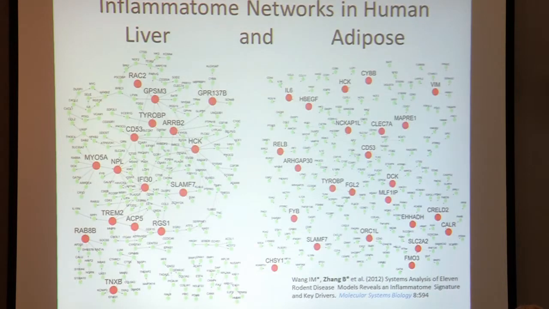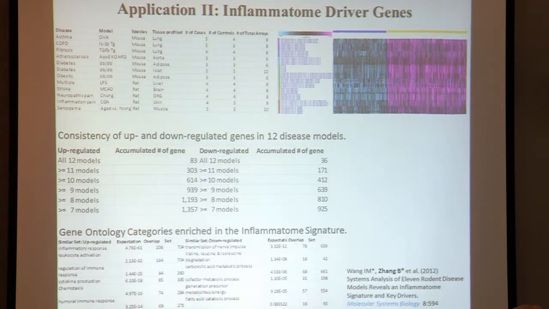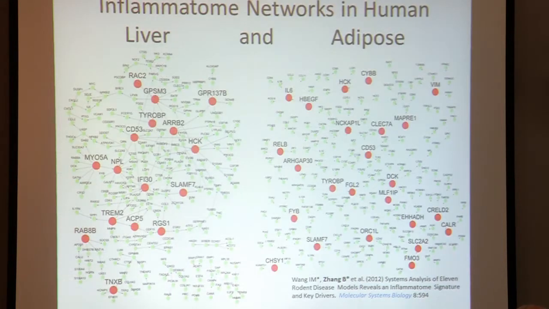The inflammatory signature was derived based on the 12 mouse models here, and the 2 examples shown here are human, liver and adipose, from multiple large-scale studies and gene splicing studies.